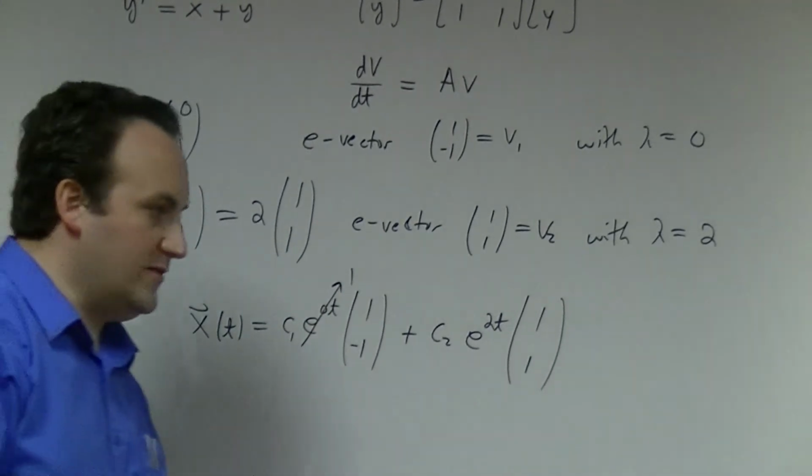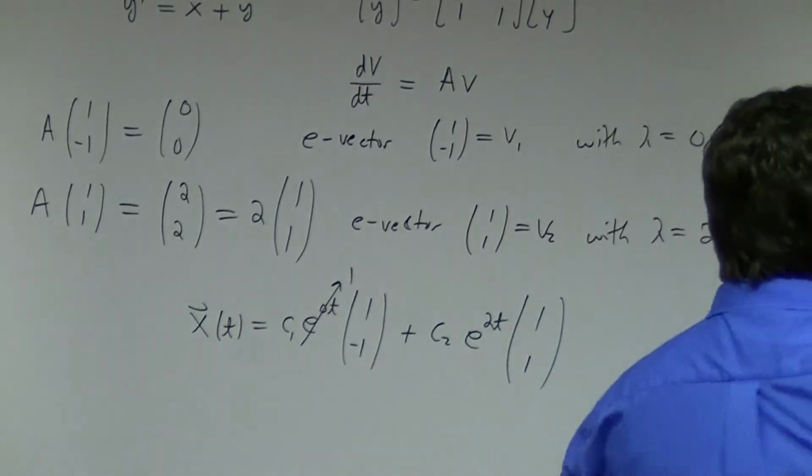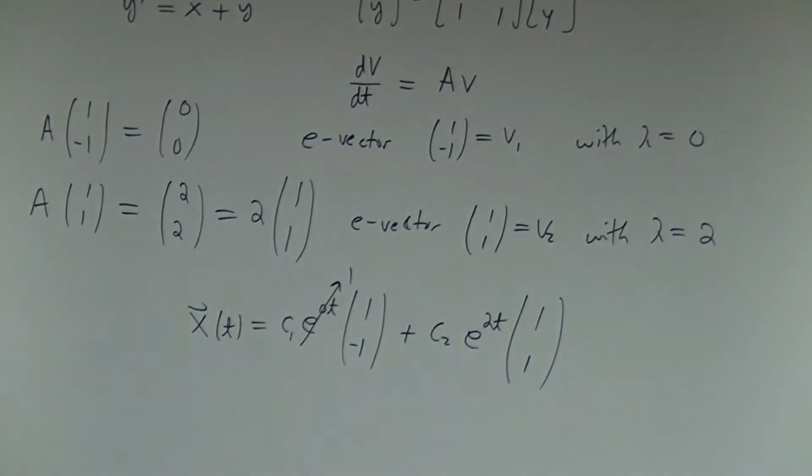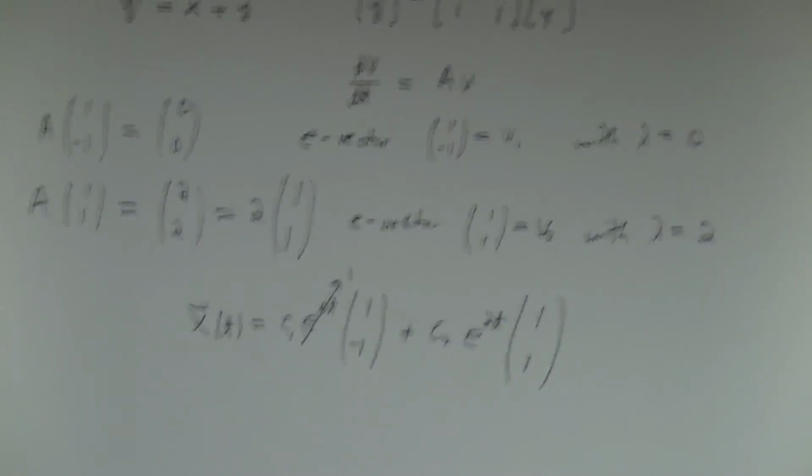You're like, well, how do you know that that's a solution of the differential equation? Well, because it's easier to prove it in general than it is to prove it for that example. So here's the proof. Suppose you have x of t equal to e to the lambda t times v, where A v is equal to lambda v for v not equal to 0.